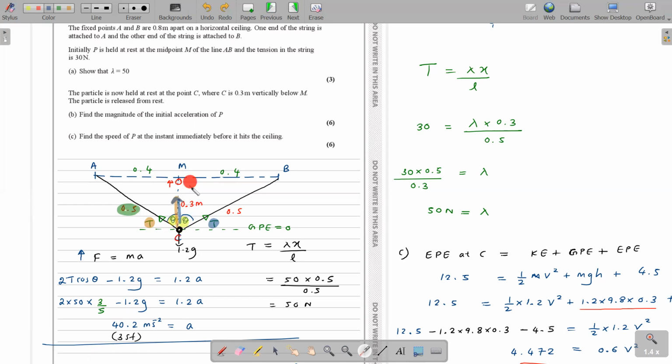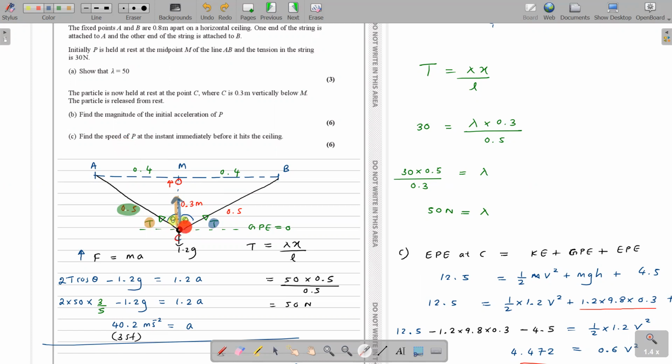In this case, energy is actually conserved, because you don't have friction or any other resistive force. There are no non-gravitational resistive forces here, which means energy must be conserved. So by using the conservation of energy principle, you can easily find the speed.